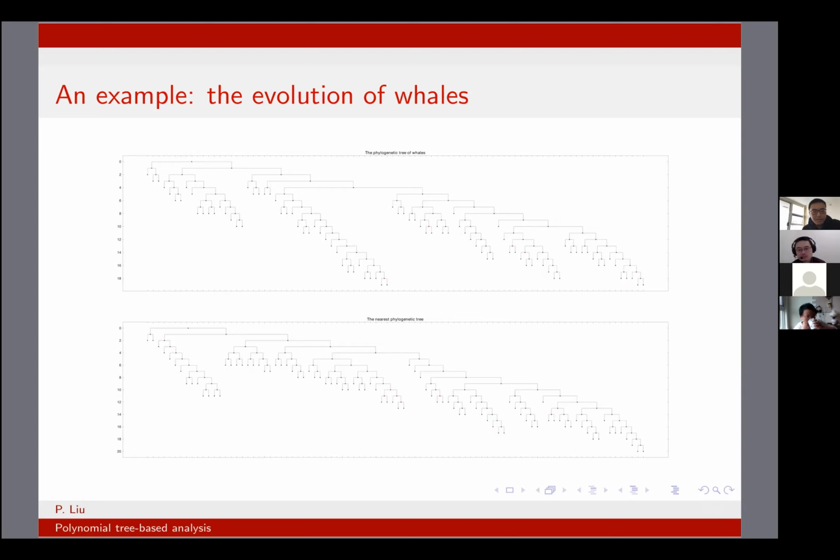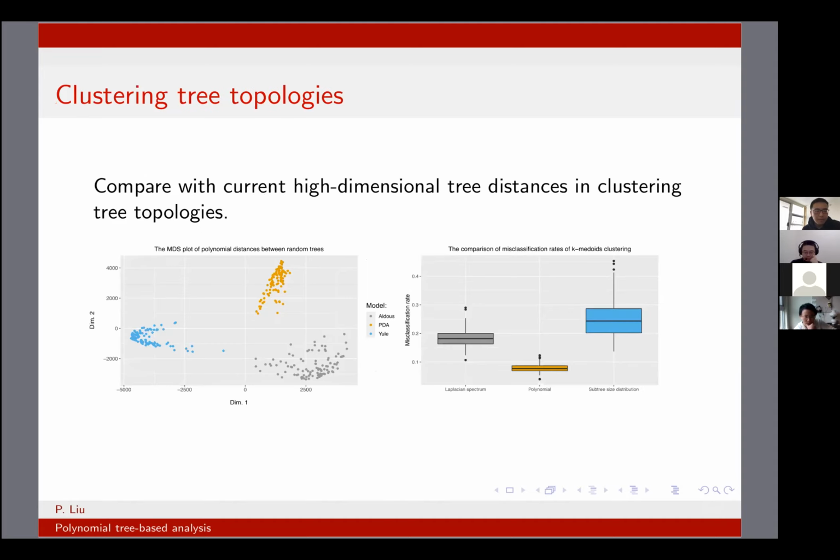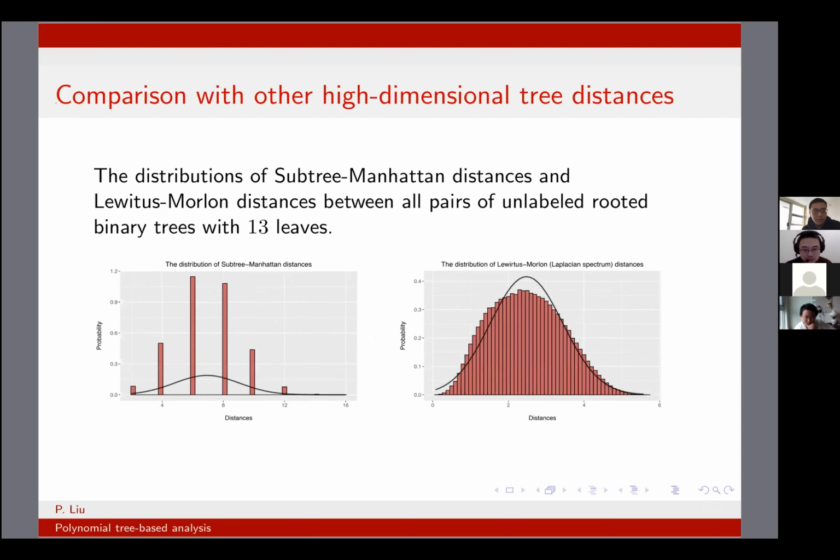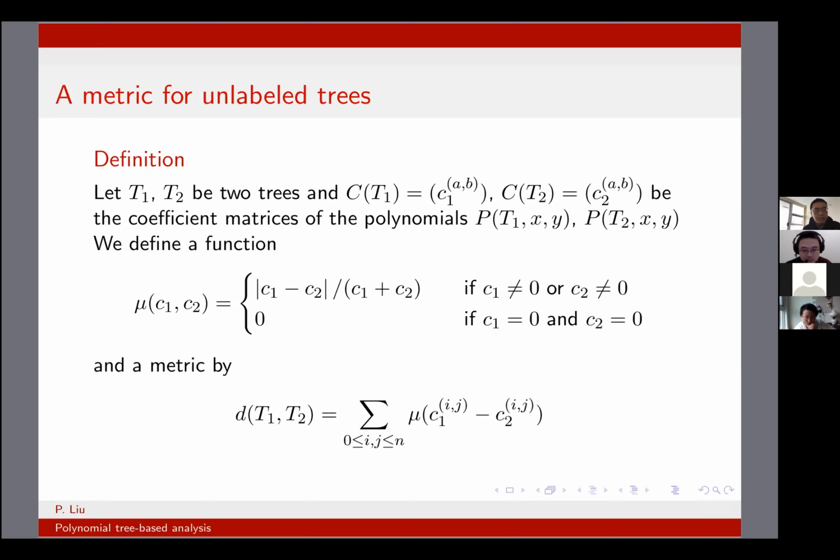So we need at least something to compare, and it seems that the polynomial is doing a good job here, for all the experiments that we did. To answer your question, this metric is basically measuring how similar those tree topologies are, or how those unlabeled trees are. I'm not sure whether that answers your question.